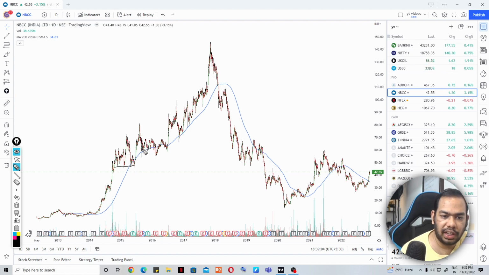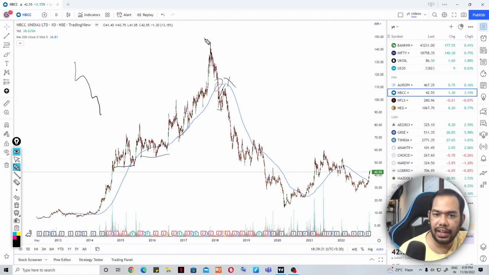Now here there was a breach of the 200 DMA, but see, there was no lower low, lower high formation. Again, a sideways support, taking a simple support on the 200 DMA. Finally, it is broken down. Now you can see there was an attempt to go back up, but this attempt failed.